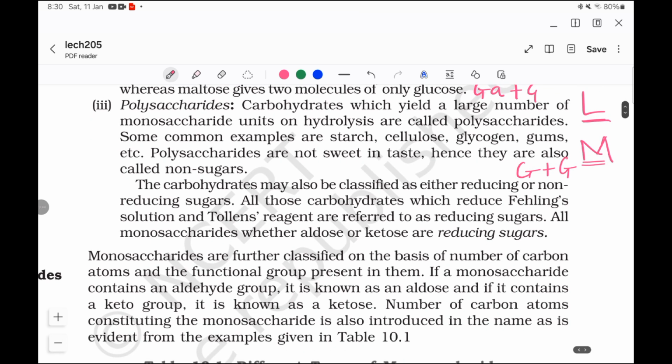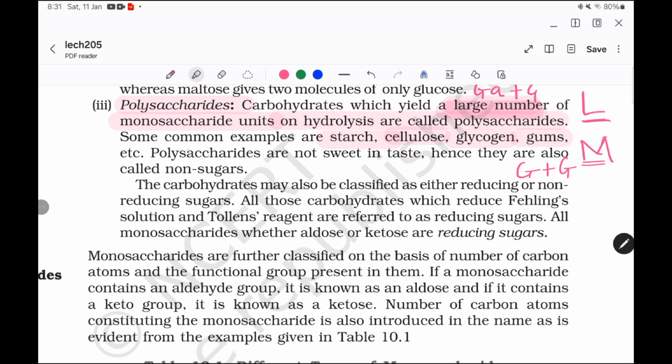Now, polysaccharides. The carbohydrates which yield a large number of monosaccharide units on hydrolysis are called polysaccharides. Examples are starch, which we use to make rotis, for example. Then we have cellulose, glycogen, and various gums which are extracted from trees.